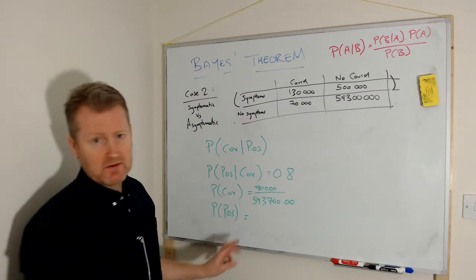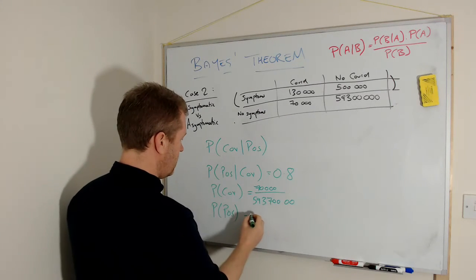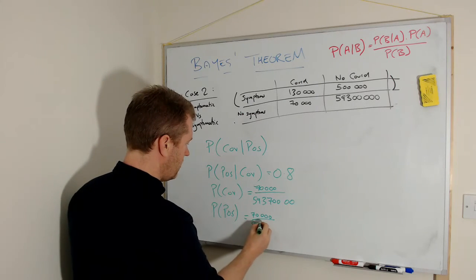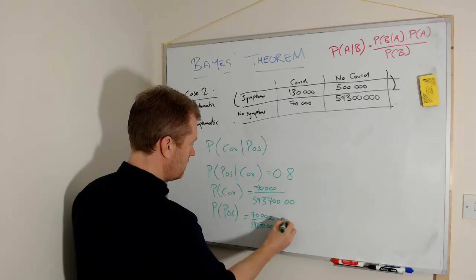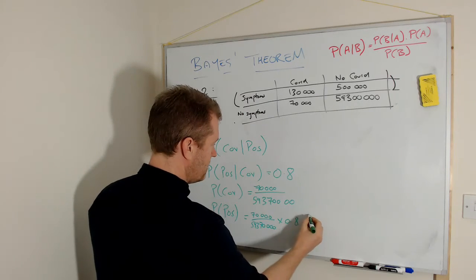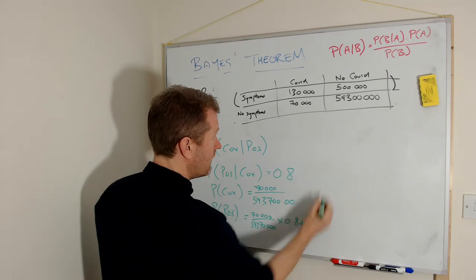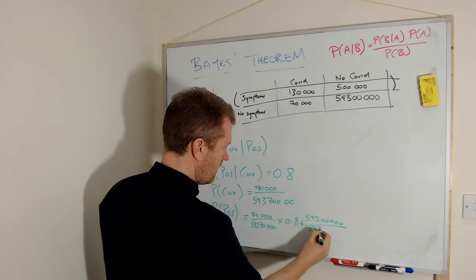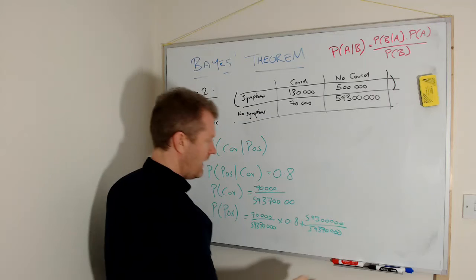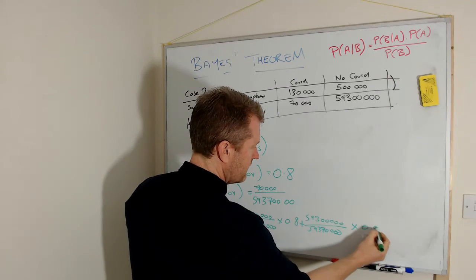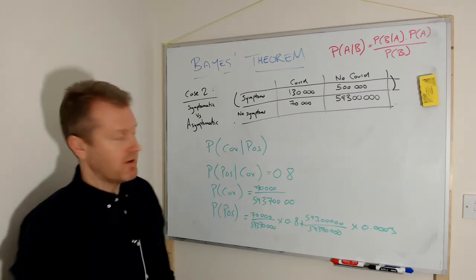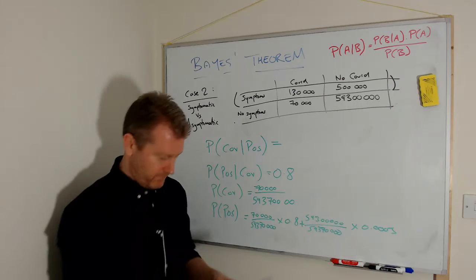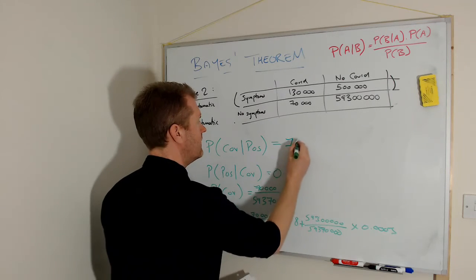And the probability that you're positive at all is you've either got it and you get your positive result, or you don't have it, which means you're part of these 59 million, and you get a false positive. What was that? 0.00003 again. So it's the same calculation pretty much. And if you put that in your calculator, you get a figure of 76%. So it's dropped down a bit.